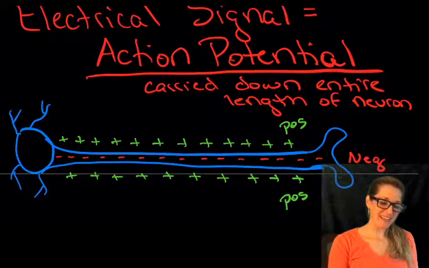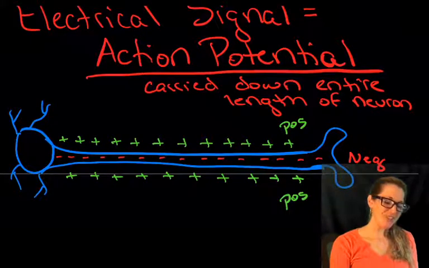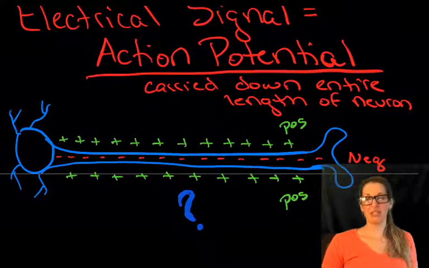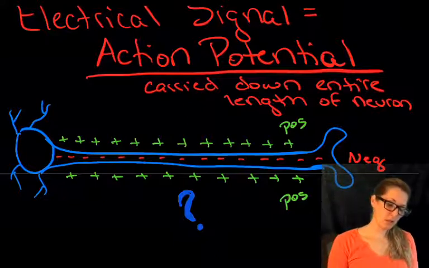But before we get to that, this negative internal environment, positive external environment, what is this called? When we have a difference, we could have a difference in charge, we could have a difference in dissolved solutes. What's that called? That's called a concentration gradient.